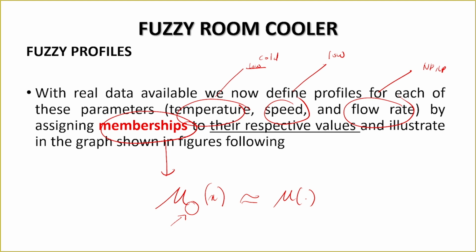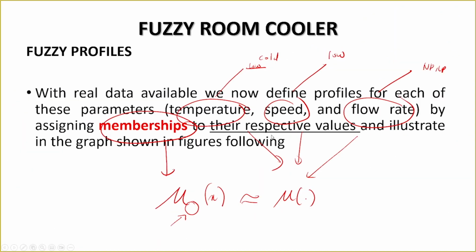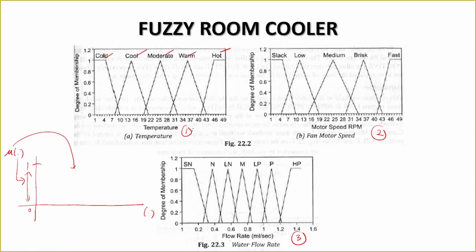So meaning each of the temperature, speed, and flow rate is reflected here by having their own respective value, for cold, cool, moderate, warm, and hot. To do this, from 0 until 10, the definition of cold is happening here, guys.